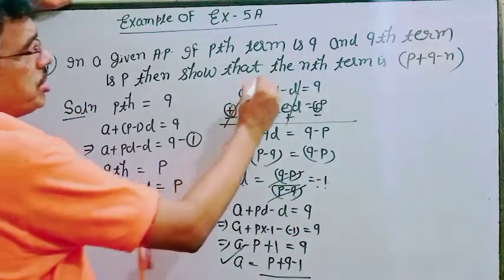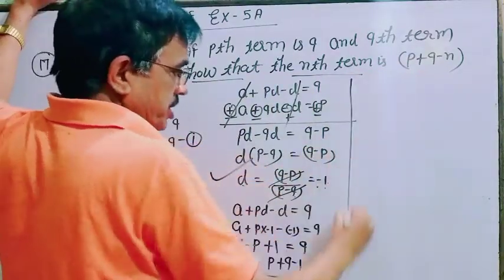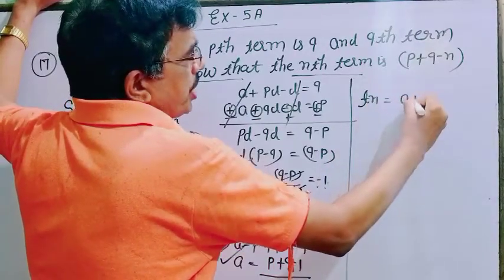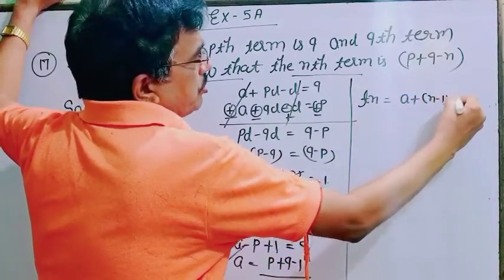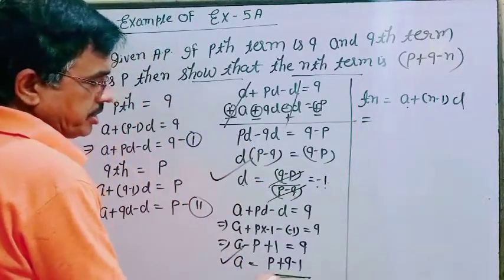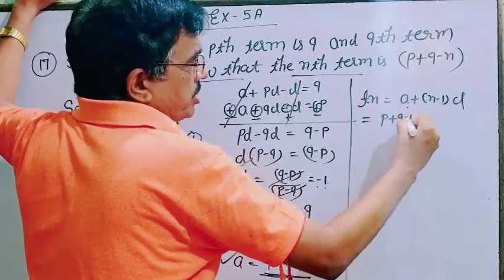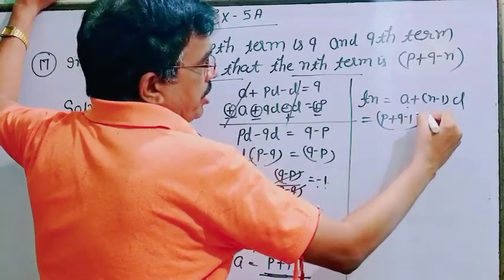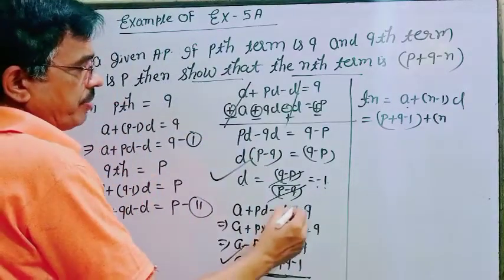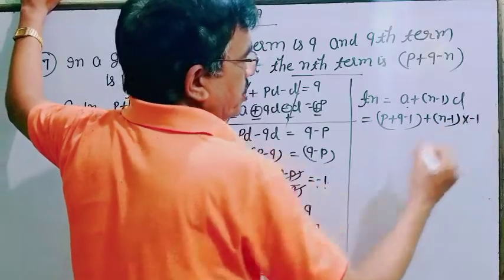Now your question is show that its nth term is this. So what is Tn? Tn is equal to a plus n minus 1 into d. At the place of a, you write this. So we write here p plus q minus 1 and plus n minus 1, and d is minus 1.